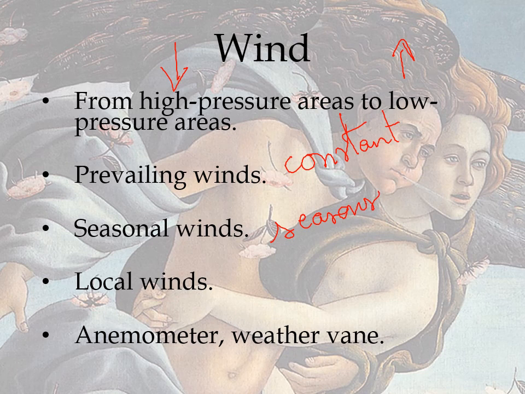They blow at some specific moments of the year, such as the monsoon, which is very important in tropical areas because it brings the rain. And there are local winds that can change depending on the situation of the atmosphere. They aren't constant. Wind can be measured by an anemometer that measures the speed and a weather vane that measures the direction.